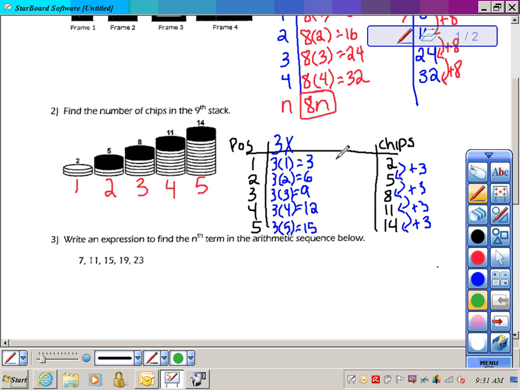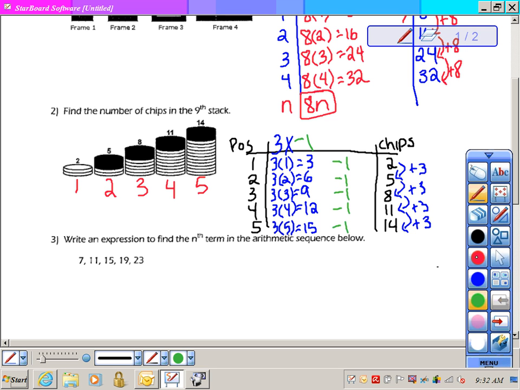Now, did these numbers work out to the y value? No. So if I have 3, how do I get to 2? Subtract 1. If I'm at 6, how do I get to 5? 9 to 8. 12 minus 1 is 11, and 15 minus 1 is 14, right? So my rule isn't just 3 times x, it's 3 times x minus 1.